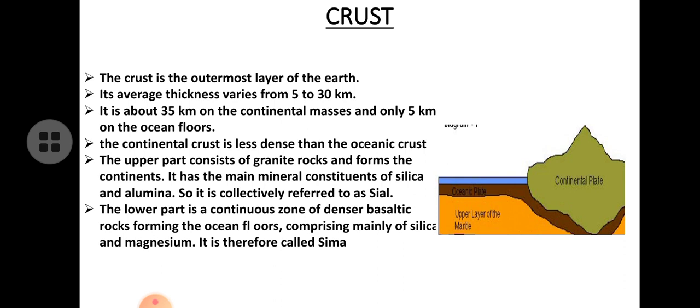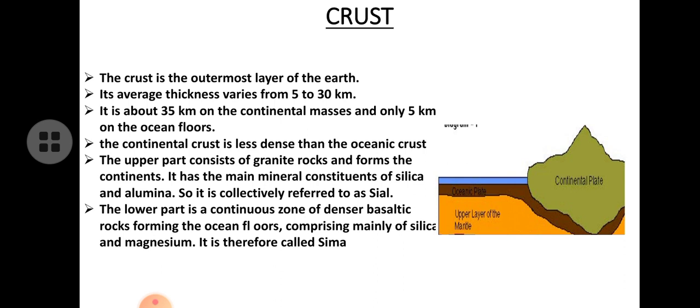But our continental crust is made up of light rocks like granite. They are easily brittle, they can easily break down. Continental crust is made up of weaker rocks, and the oceanic crust is made up of stronger, thick rocks.